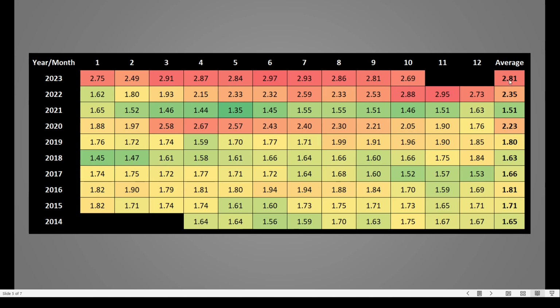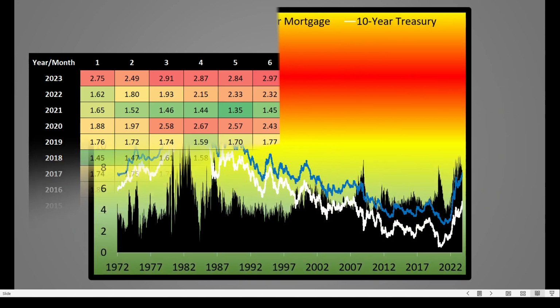In fact, the average for this year so far is 2.81%. That is the highest we've seen in quite a long time. If memory serves, I believe the multi-decade average for mortgage spreads is below 2%. So 2.81% is the highest we've seen it in quite a long time.